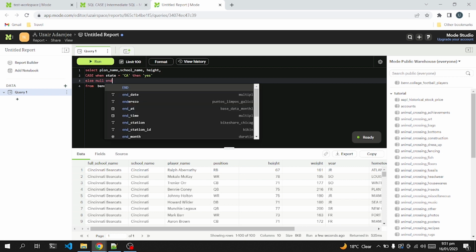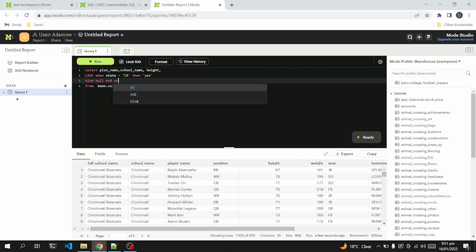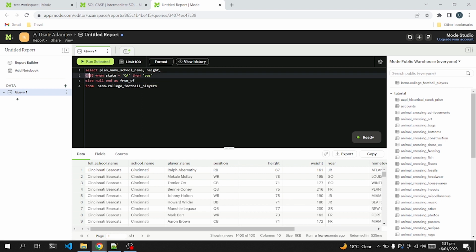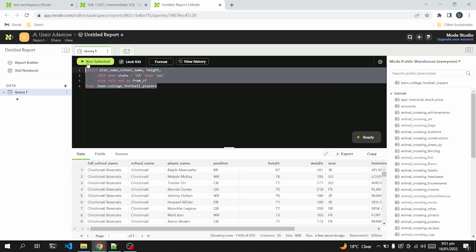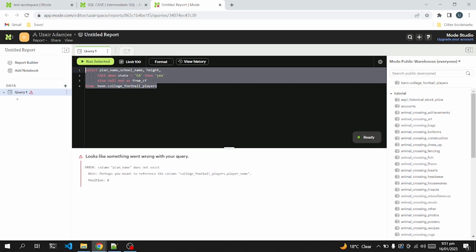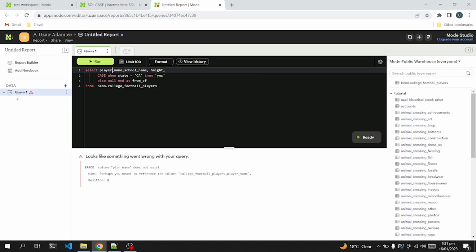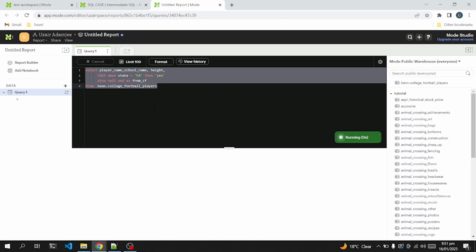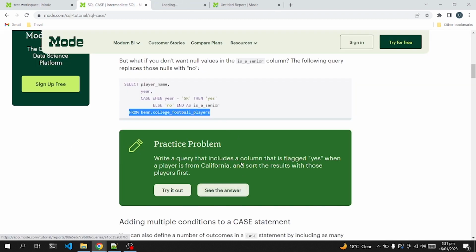And remember, whenever we use CASE, we have to end it with the END keyword, and let's name it from_CF, which means California. Let's try it out, just to make it more presentable or readable, and let's check the answer as well.